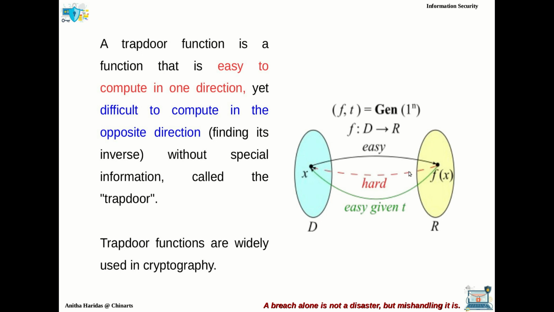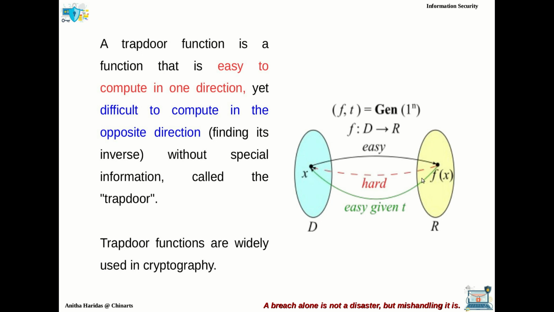Difficult to compute in the opposite direction. But even though it is very difficult to compute in the opposite direction, if the t value is given, a special or additional piece of information, then this becomes very easy. This kind of function is what you call a trapdoor one-way function, right? So, this t value is the trap value. With this trapdoor value, the additional information, you can easily get the original value, right?